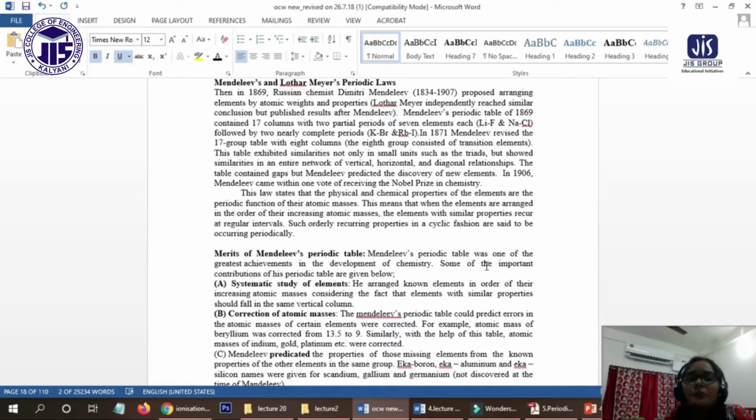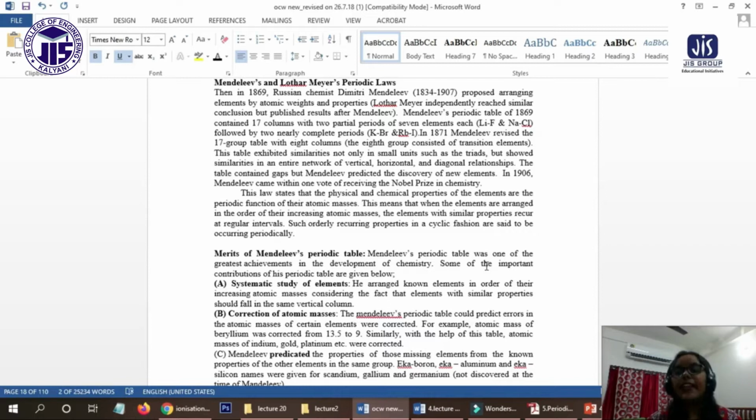So Mendeleev and Lothar Meyer arranged the periodic table. What is a periodic table? A periodic table means we have so many elements, right? So we should arrange those elements in such a manner that we can easily memorize them.